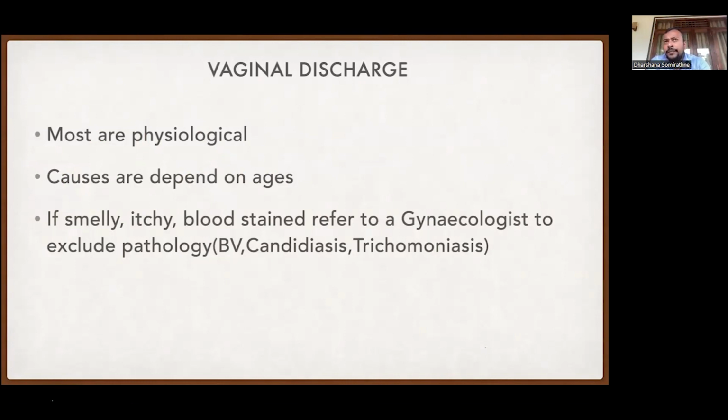It's very common that the parents bring a 12 to 14 year old girl saying that doctor, she has Sudayana. In Sinhala, Sudayana, they are really worried about that. And what's the problem with this discharge? The reason is that just after menarche, there is a high estrogenic level.